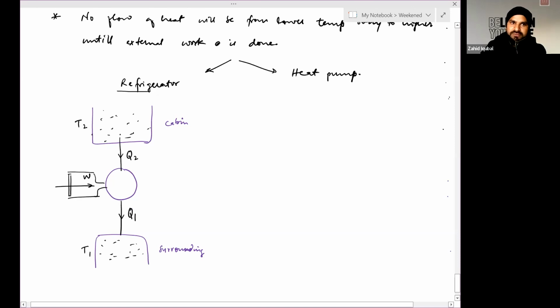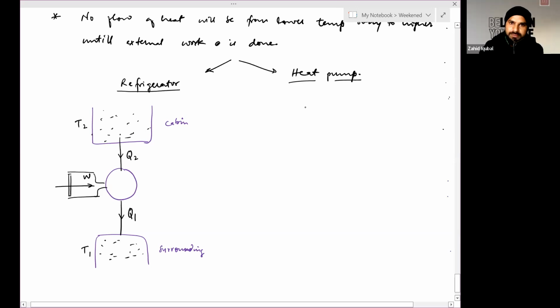So the refrigerator extracts heat from the cabin to cool it down, and with work from the compressor it ejects a large amount of heat into the surrounding, which is at a sufficiently larger temperature than the cabin. So it is doing work to flow heat from a lower temperature body to a higher temperature body. Is it clear? Namuna? Yes, sir.